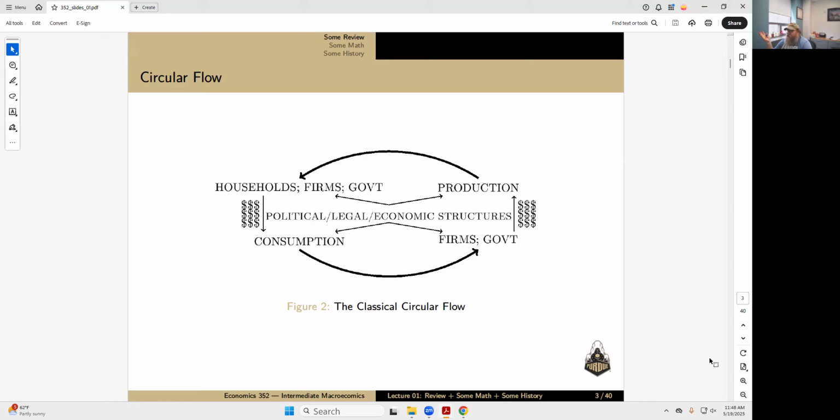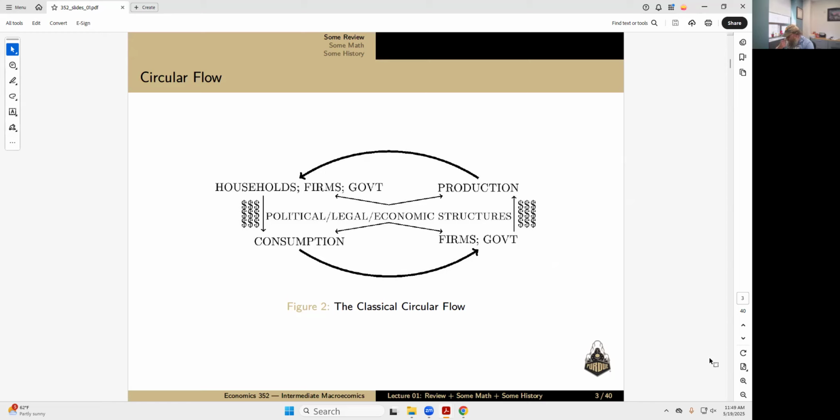So, in almost every economics class you've ever taken, you start with the circular flow. It doesn't matter if it's principles of micro or principles of macro. The circular flow is the way we used to think economic systems basically worked. Now, this is a fairly complicated circular flow. Usually when we talk about circular flows, we just have these two main bold arrows here.